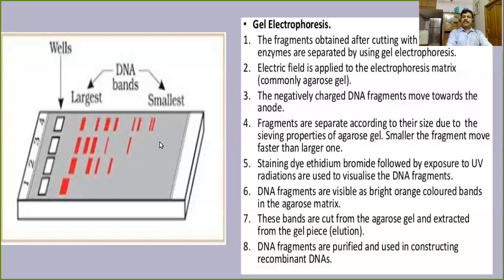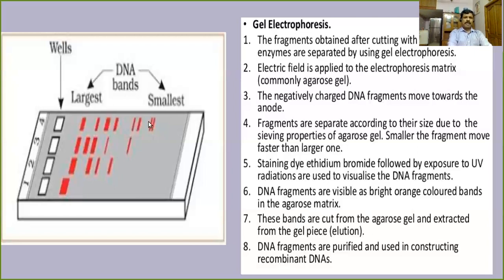These separated DNA fragments can be visualized only after staining with a dye called ethidium bromide, followed by exposure to UV radiation.